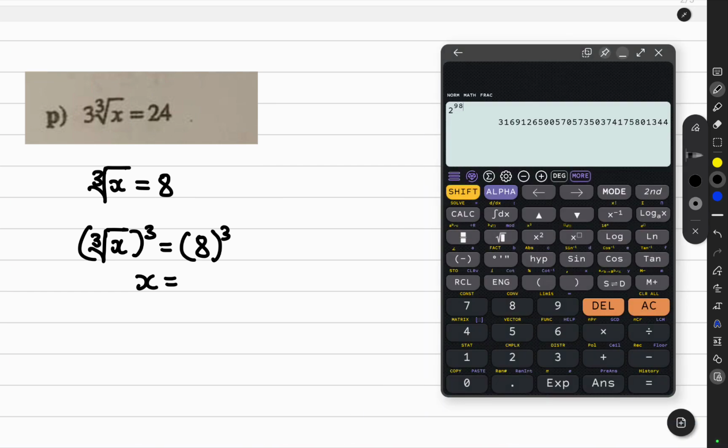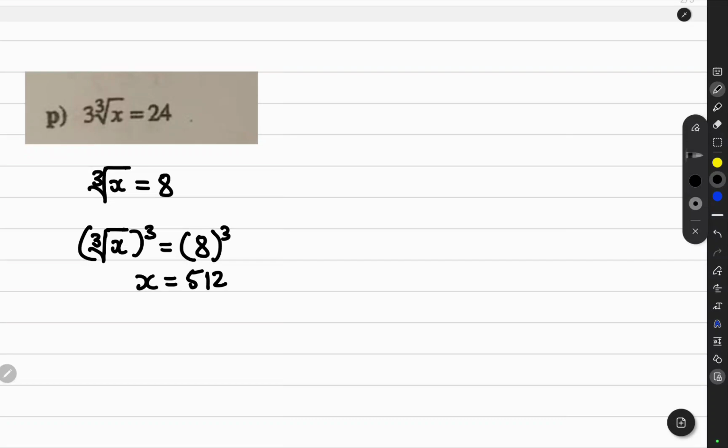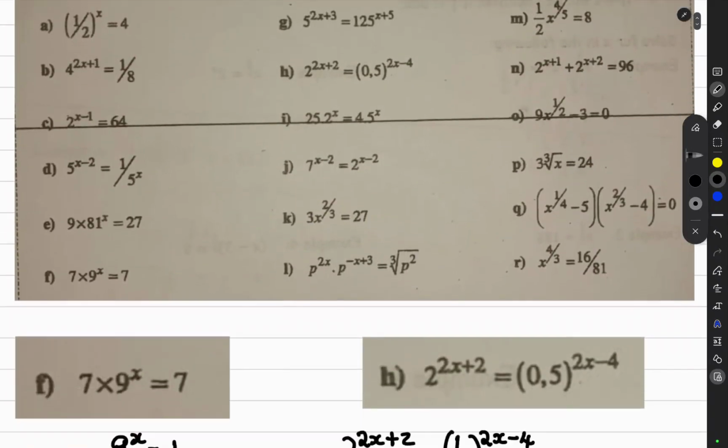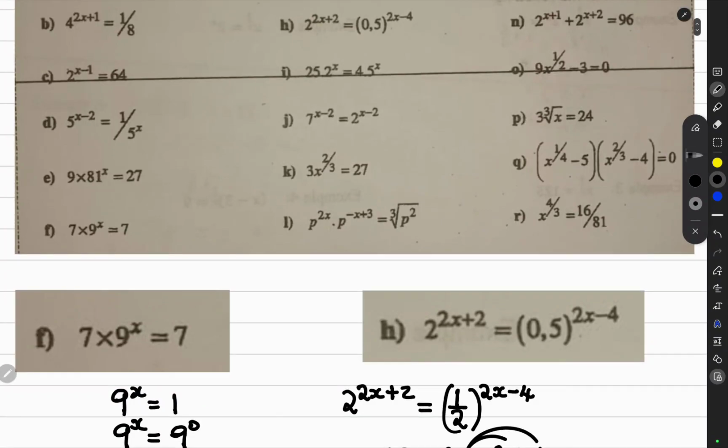So 8 to the power 3. The answer is 512. So the answer is 512. Okay. And the last one for today, guys, let's go and do R, just R.